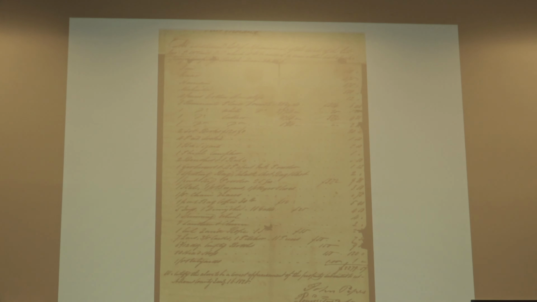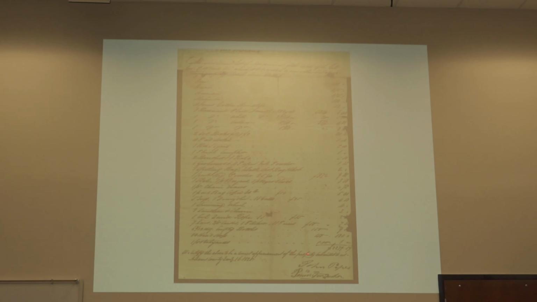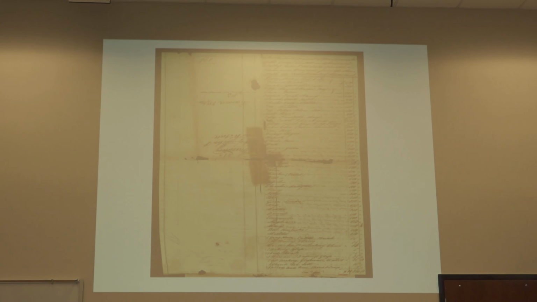As you can see, even in this handwritten one, they have the price over here of what this person is listed as being valued at. So that means this record has been probated. He had a lot of enslaved people.